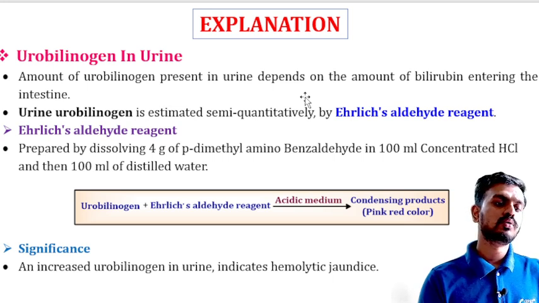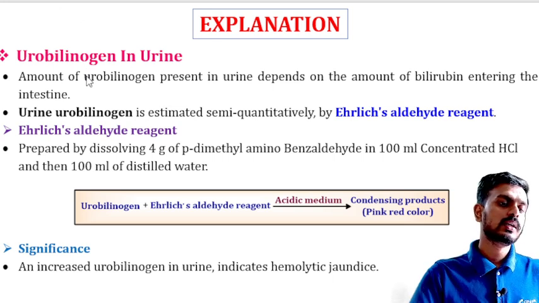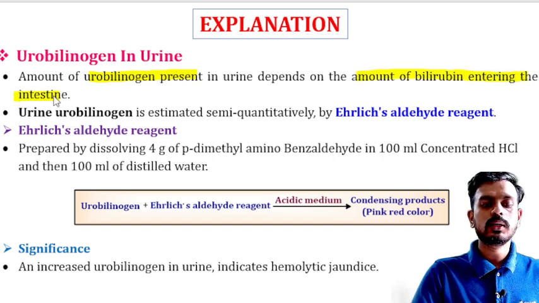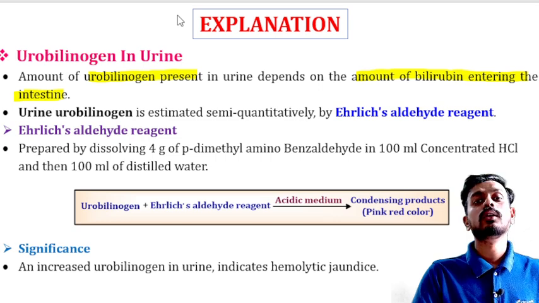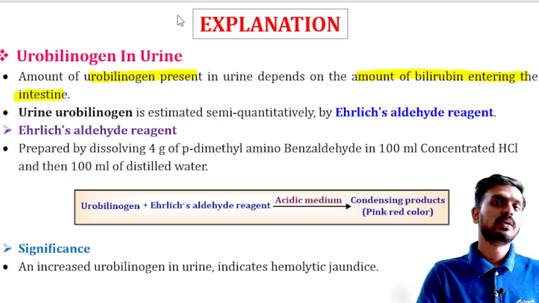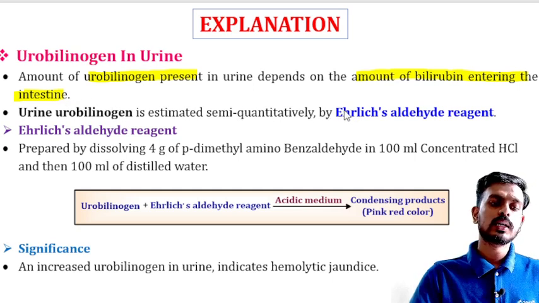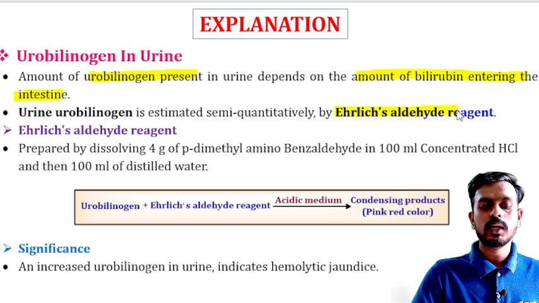The amount of urobilinogen present in urine depends upon the amount of bilirubin entering into the intestine. Urobilinogen is estimated by a semi-quantitative method with the help of Ehrlich's aldehyde reagent.